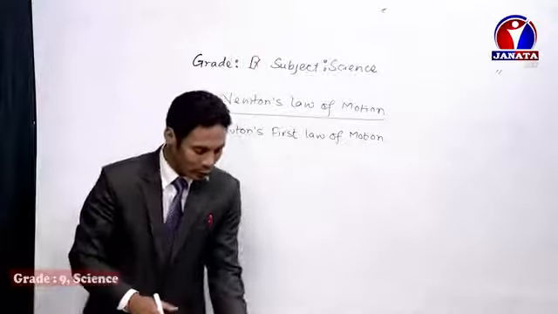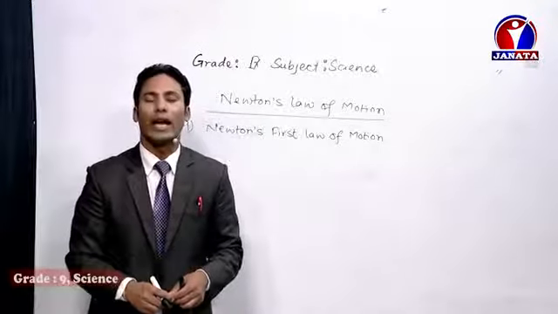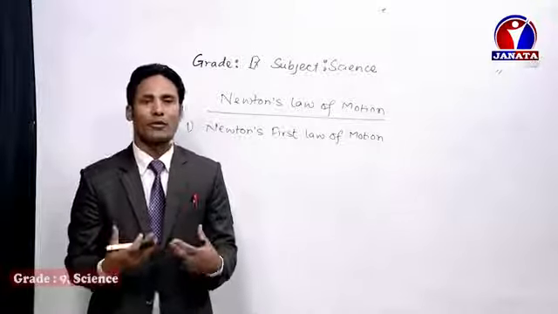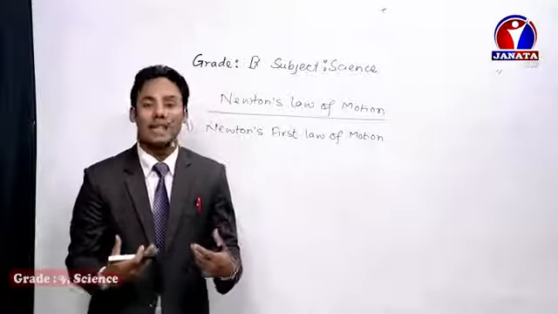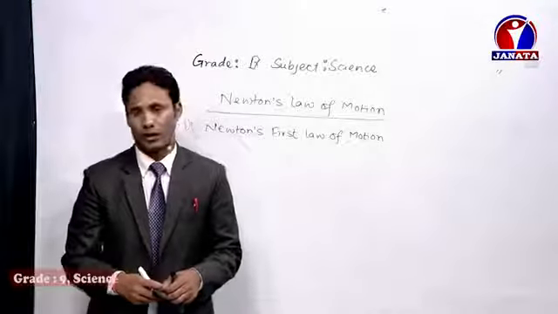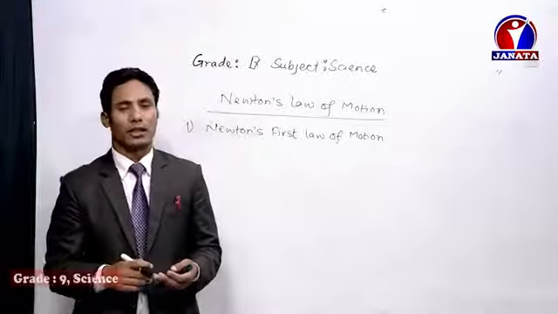Right? And Newton's first law of motion is also known as the law of inertia, because it is related with inertia. Inertia is the property of the body to retain its own state, either rest or motion. We have learned inertia of rest, inertia of motion, and inertia of direction also.